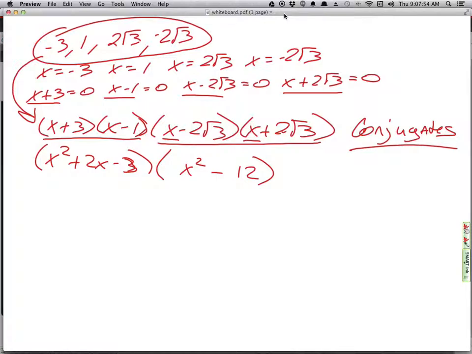Okay, then once I get here, I just need to multiply one more time. I'm going to take x squared times both of these, 2x times both of these, and then negative 3 times both of these. That's how you multiply the rest of this out.